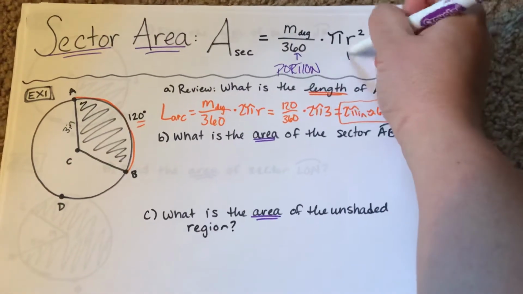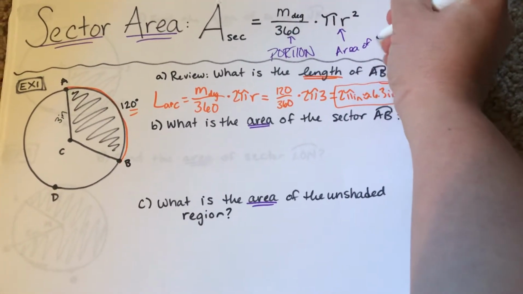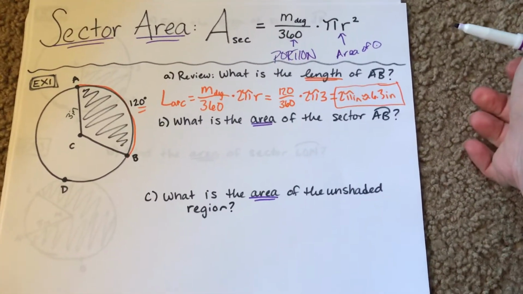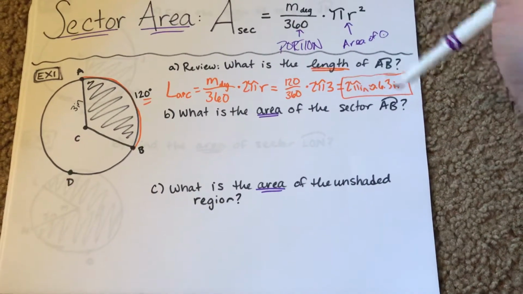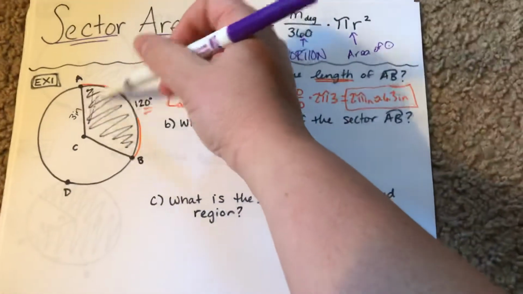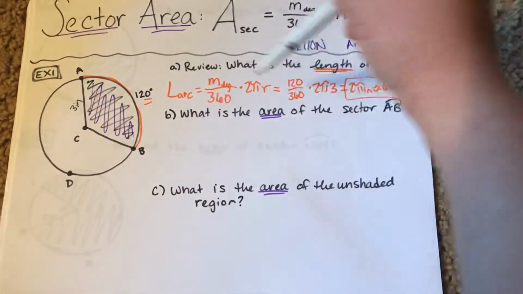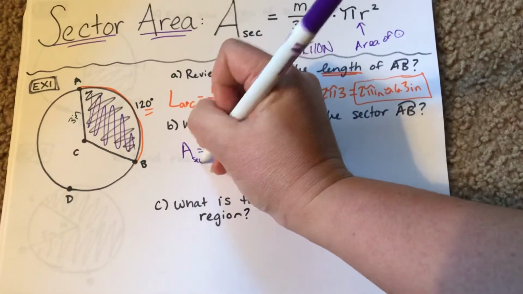And pi r squared, that is our area of a circle formula, which you hopefully remember from a little bit ago. So if we're going to use this formula, it's the same idea as what we did with arc length. What is the area of the sector of AB? So this sector here is what we're looking for.